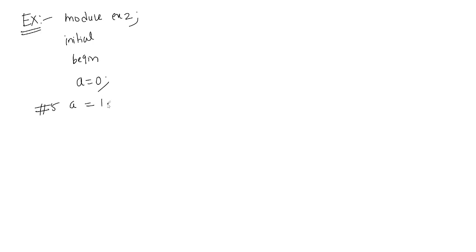Suppose we take one more example of inter assignment delay with blocking. Module example 2, initial begin, a = 0; #5 a = 1; #10 a = 2; end module.